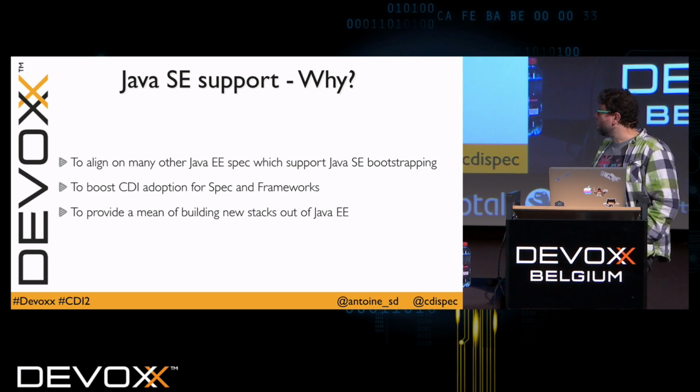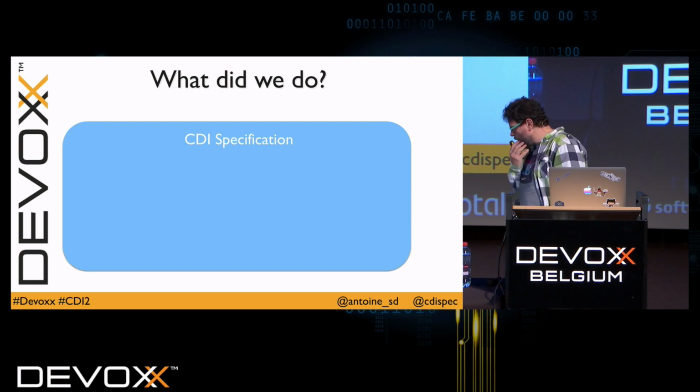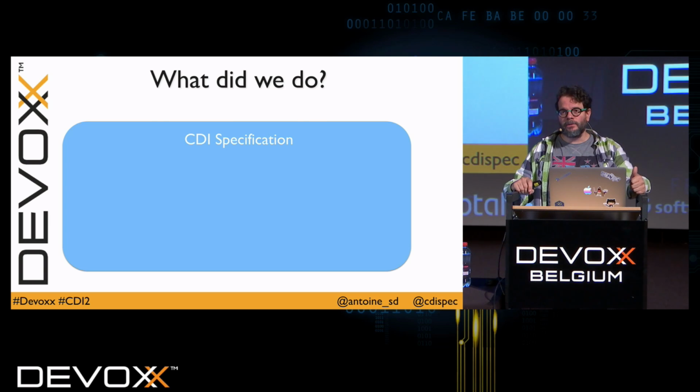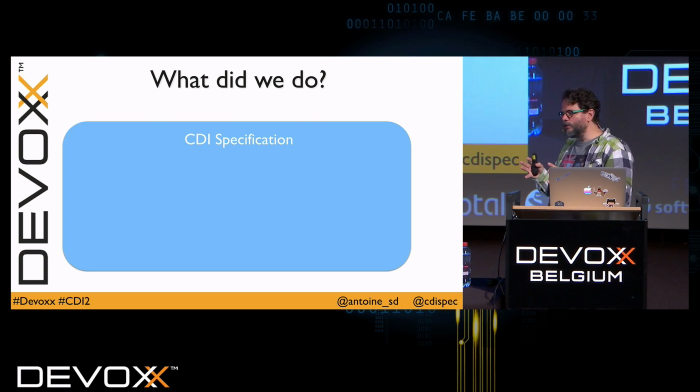So for those who read the spec, you remember that there is a lot of intrication, a lot of Java EE content in the spec. So there are a lot of mentions of EJB specification, servlet specification, a bit of transaction and interceptor specification, etc. So it was a long work to prepare this Java SE support.